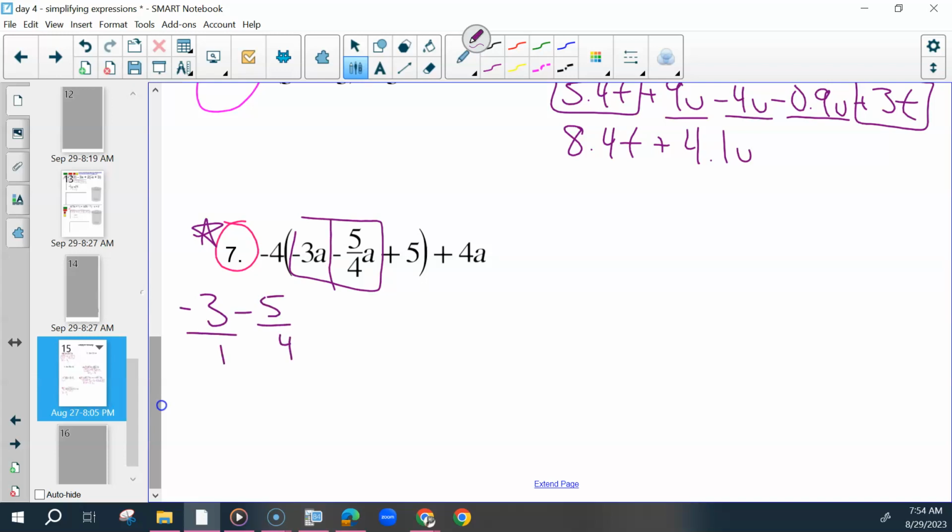Remember that all whole numbers are over 1, so we have to change this to be 4 by multiplying it by 4. Negative, what would this be? No, what is that? Negative 12. Oh. Remember you're multiplying. Sorry.